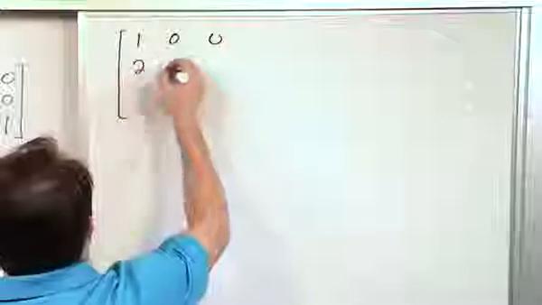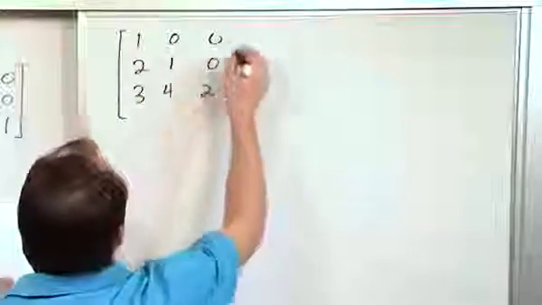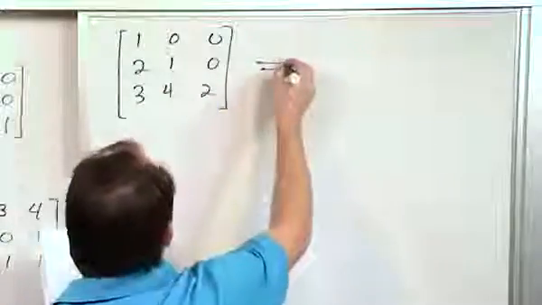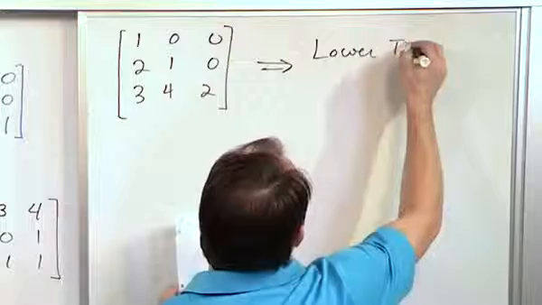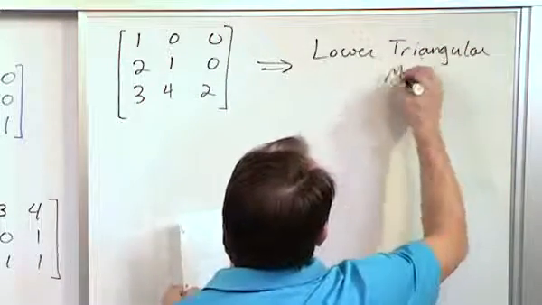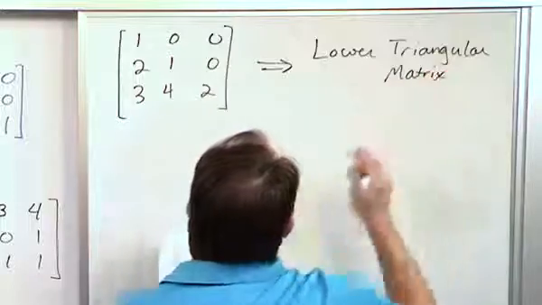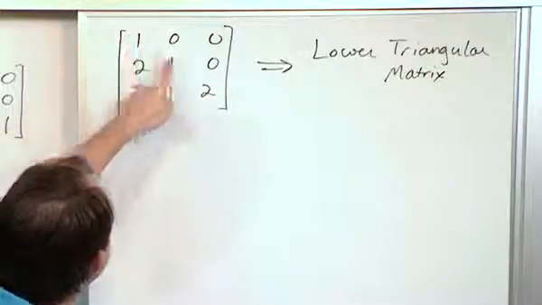1, 0, 0, 2, 1, 0, 3, 4, 2. This is called a lower triangular matrix. The reason is because the non-zero elements form a lower triangle here.